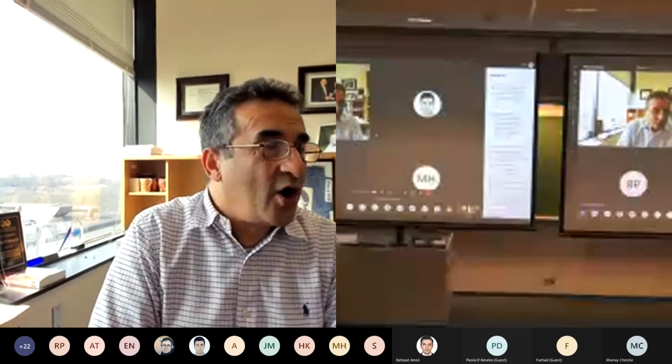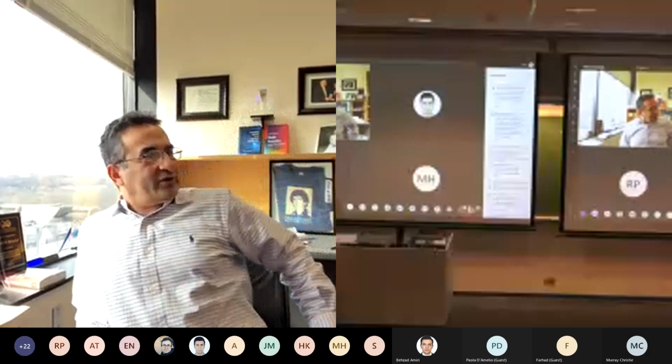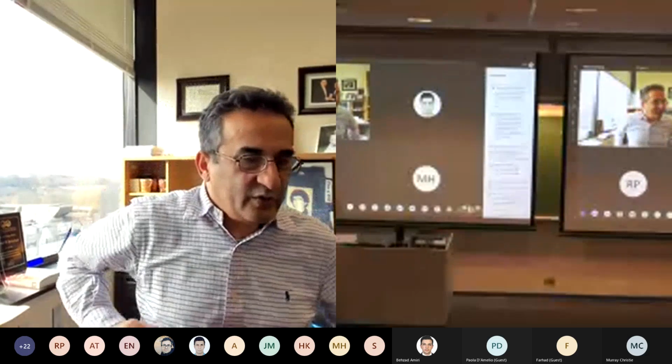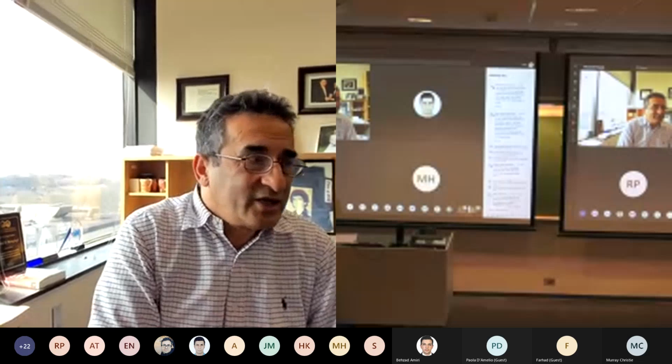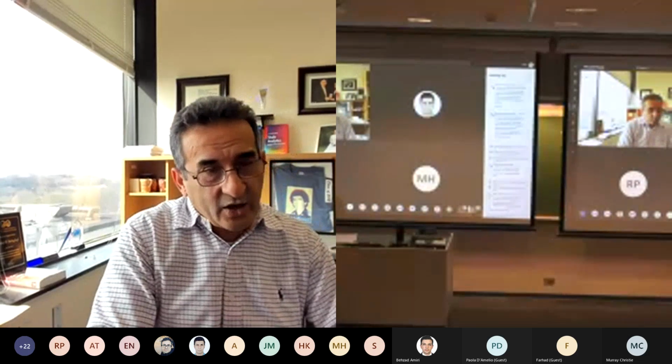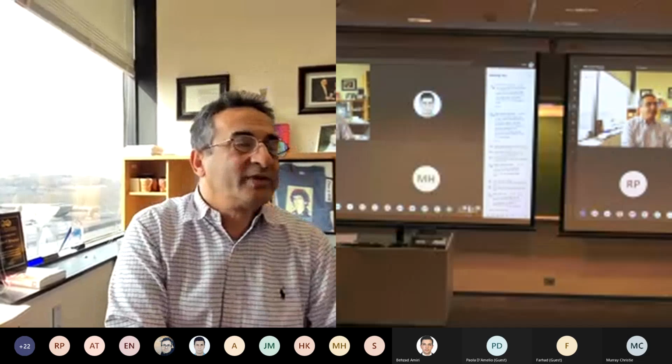So the next question is, how many inputs does this model take in total? Well, to be very honest, you can start and generate 1,000 inputs. However, it is not a good idea to use all the 1,000 inputs. One of the things that we do, we use fuzzy pattern recognition prior to building the model. We call it KPI, key performance indicators.